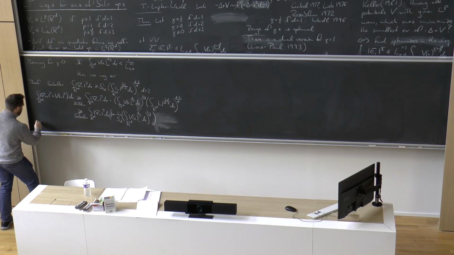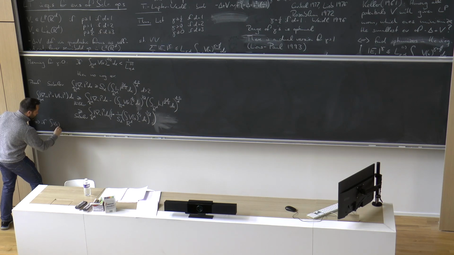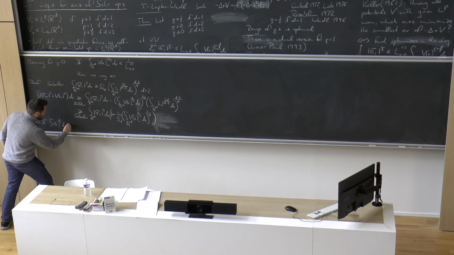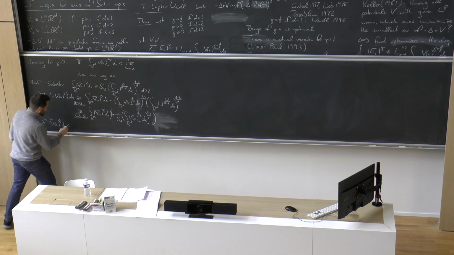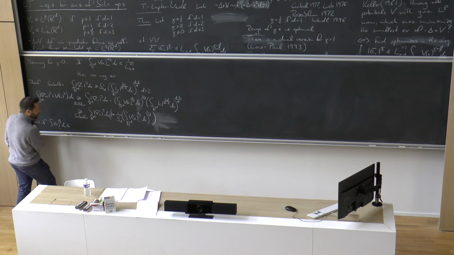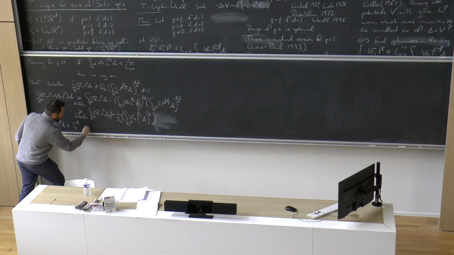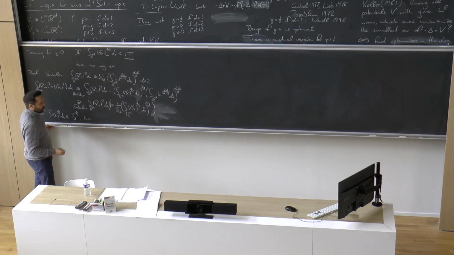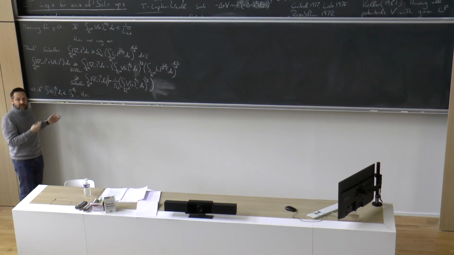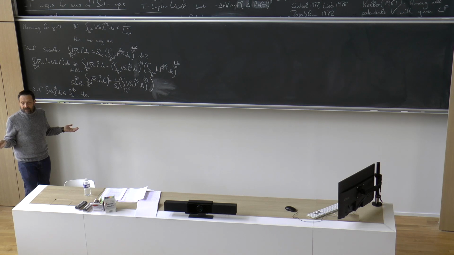And then you see, if the integral of V(x) minus to the d over 2 dx is smaller or equal than S_d to the power d over 2, then the quadratic form of the Schrödinger operator is greater or equal than 0, and so therefore we cannot have a negative eigenvalue.